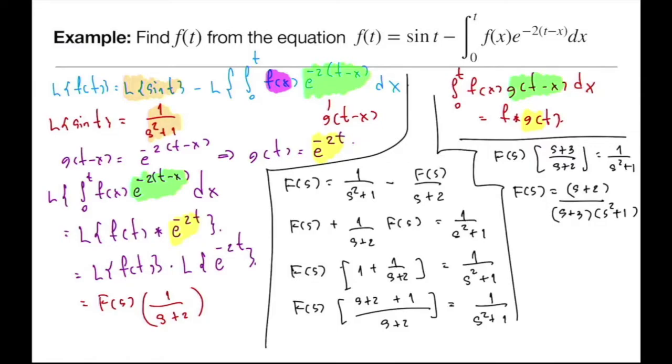Then we do need to do partial fractions for this guy, and I will show you here. So we have that (s plus 2) divided by (s squared plus 1)(s plus 3) is A divided by (s plus 3) plus (Bs plus C) divided by (s squared plus 1).